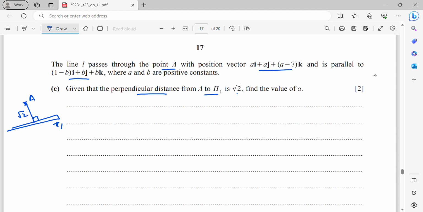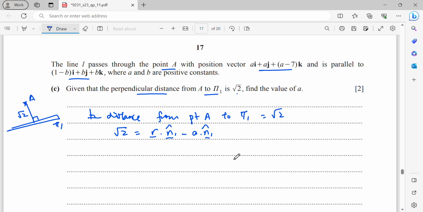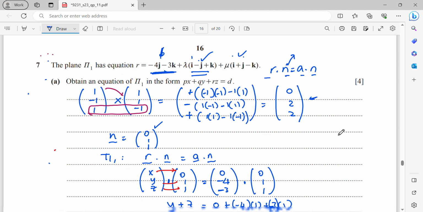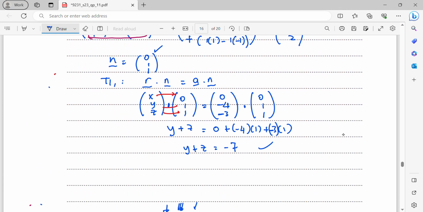So from here, the perpendicular distance from point A to pi 1 is square root 2. So I will say that square root 2 is r dot n hat minus a dot n hat. This is the n1. Now from the previous part, r dot n is minus 7, right?